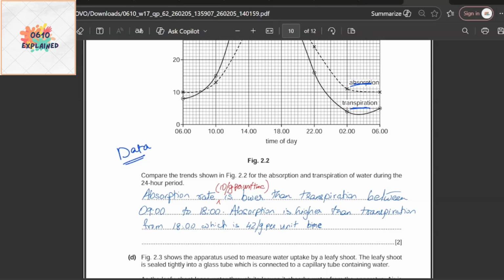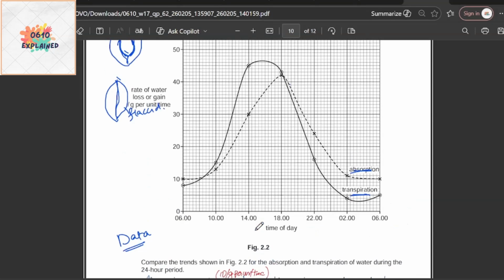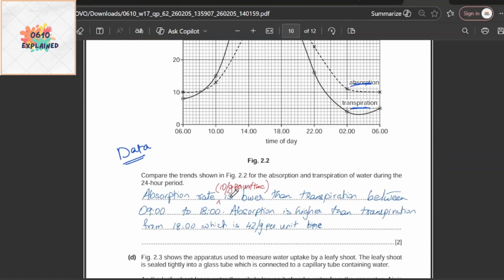Transpiration rate increases faster than the absorption rate as the day moves from 10 to 12, or as the heat intensity increases. Absorption peaks at 18 hours. Don't change the format: if it's written 1800 hours or 18.00 or 6 o'clock, whatever it is, if it's written in this format, you write this format.